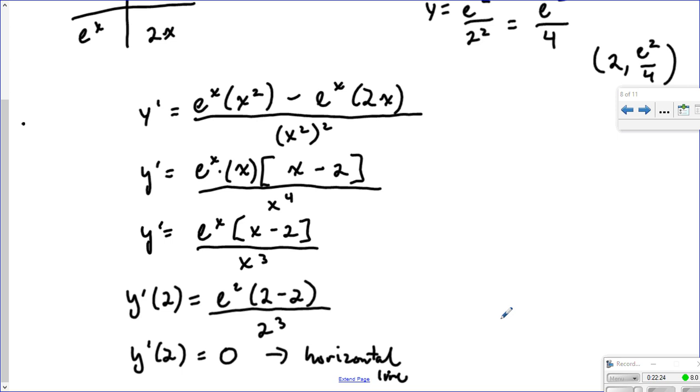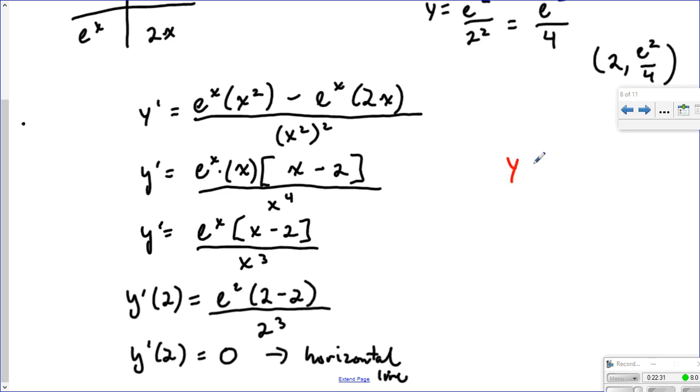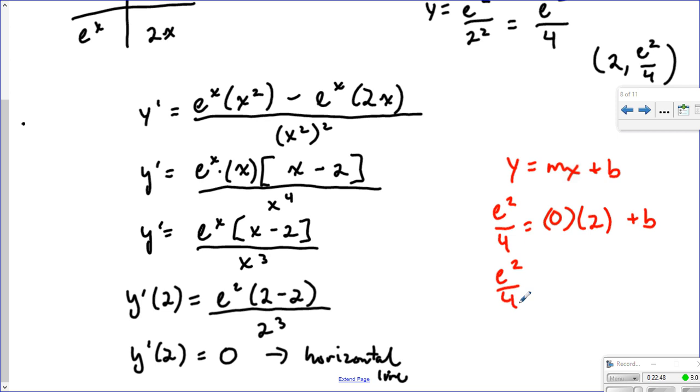I'm going to show you this in Desmos, but I still do the rest of it. I still want to find the equation of this horizontal line. So now I put in my values here. I found y to be e squared over 4, m was 0, x was 2, and then plus b. Well, it doesn't take you long to realize that b is e squared over 4.